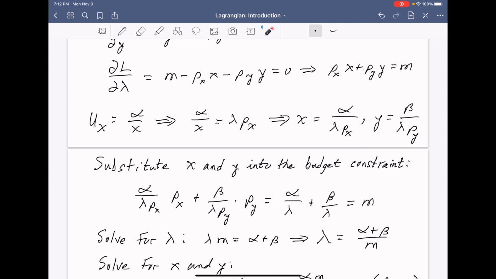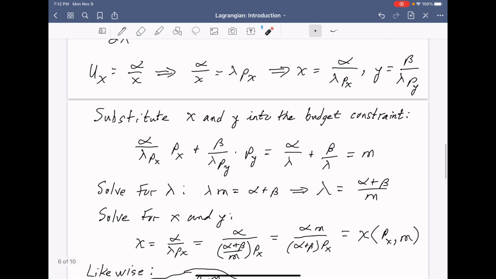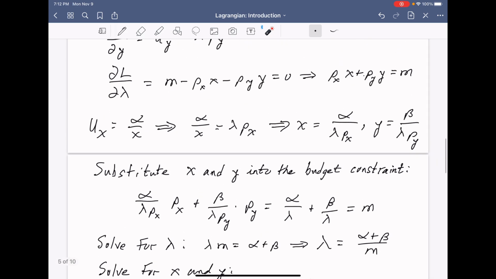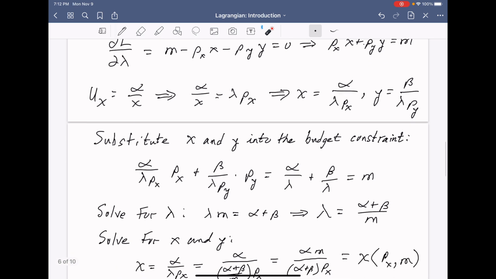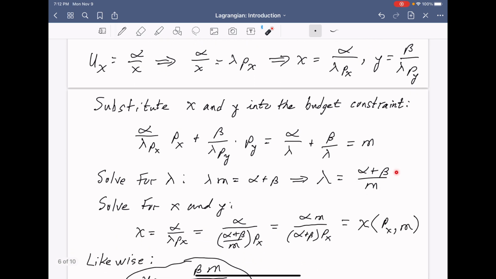Solve for lambda. We multiply through by lambda, and we get alpha plus beta equals lambda m. And solving for lambda, we find that it's equal to alpha plus beta over m. And because these are the same for y and x, we get this for both of them.